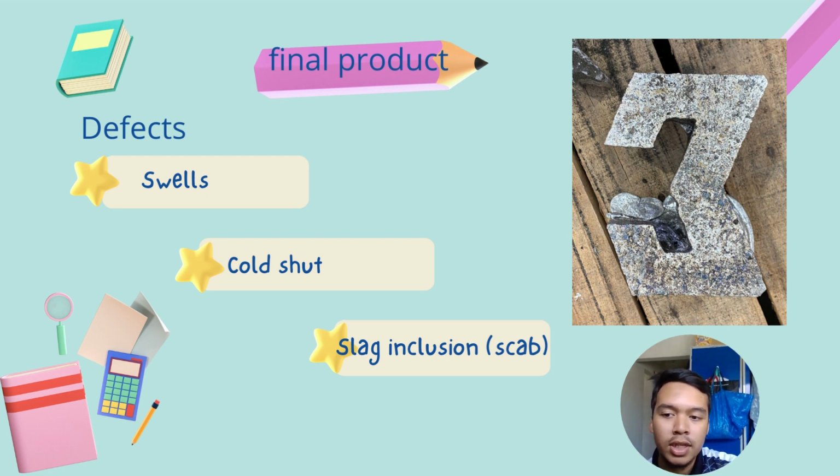Slag inclusion is caused when molten metal containing slag particles is poured into the mold cavities and solidifies. So preventing slag inclusion is a simple fix. We can remove slag particles from the molten metal before pouring it into the mold cavity.